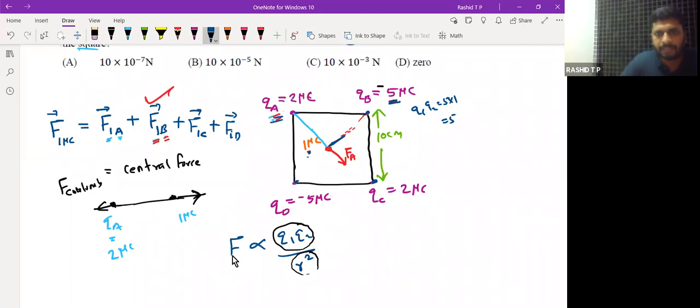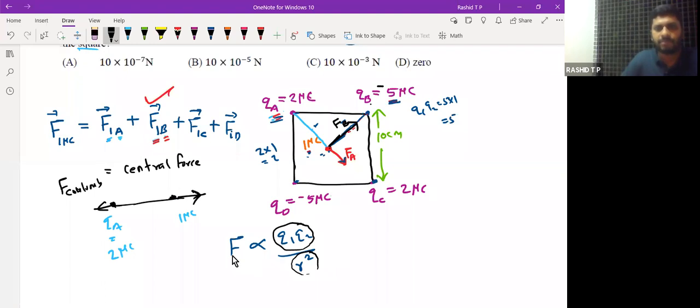But in the previous case it was 2 into 1, that is 2, and for 2 I have written this length. Then for 5, because the distance from this corner to the center is the same for both, only the magnitude of the charge differs. Therefore, I have to draw this one. This is the force experienced by charge 1 because of the charge kept in corner B.